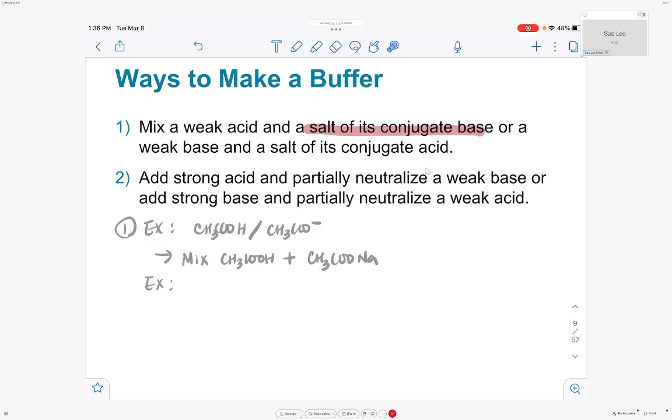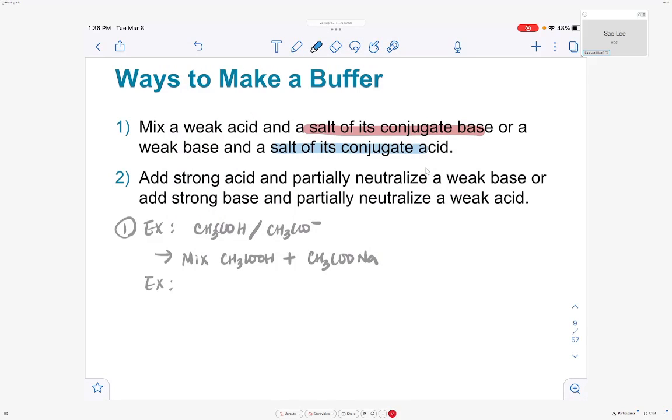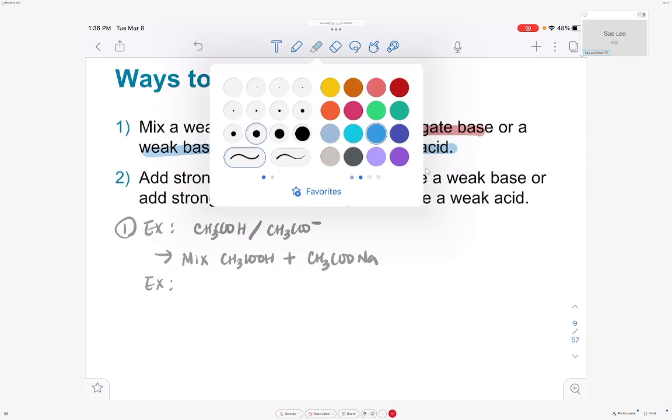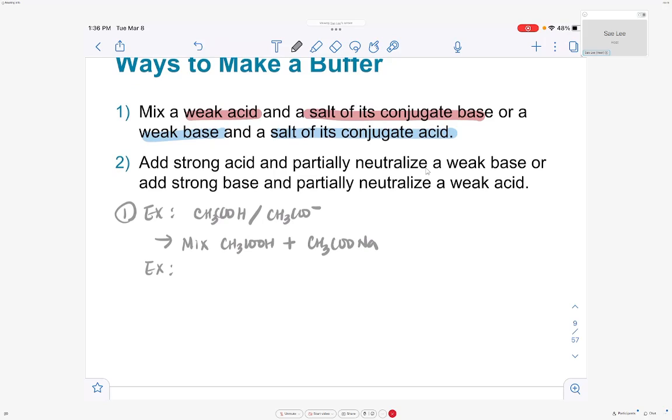An example of a weak base and a salt of its conjugate acid: let's say you want to create an ammonium and ammonia buffer.